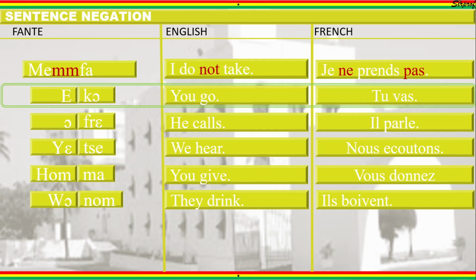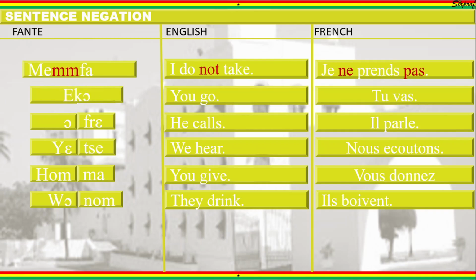Next, e and ko. Eko, you go, tu vas. In this case, we use a double N and pronounce it as enko. You do not go. Tu ne vas pas.